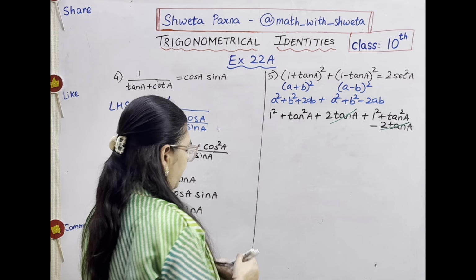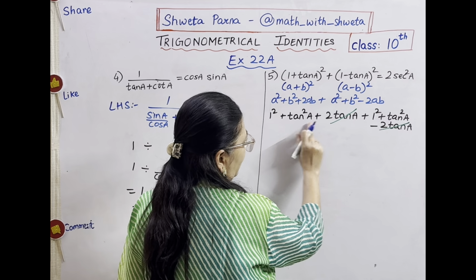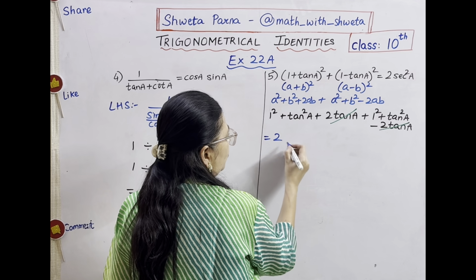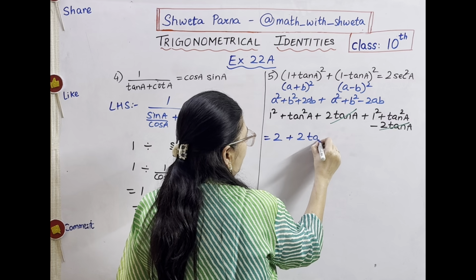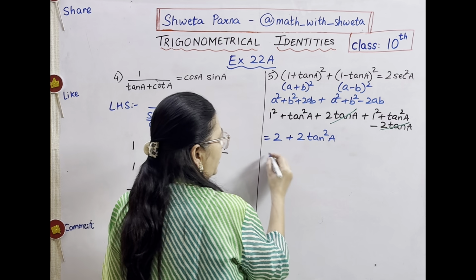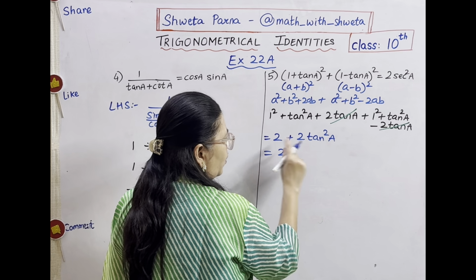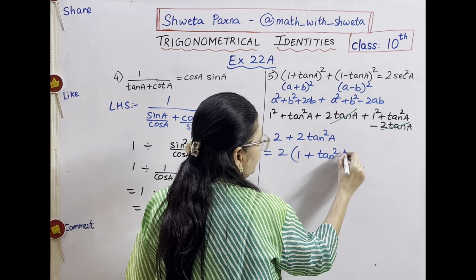So what are you left with? 1 square is 1, tan square A, 1 square is 1. So 1 plus 1 is 2. Tan square A plus tan square A is 2 tan square A. Take common 2. If you take 2, 1 is left, plus tan square A is left.